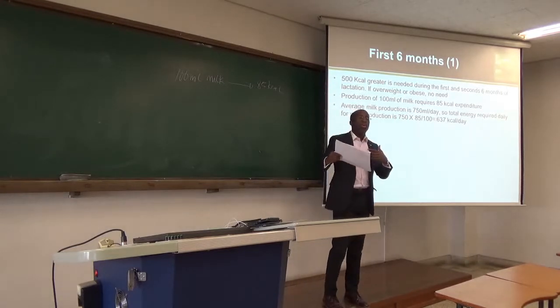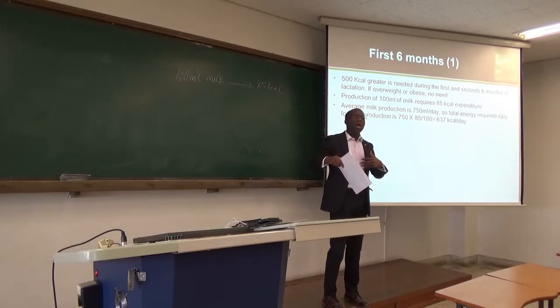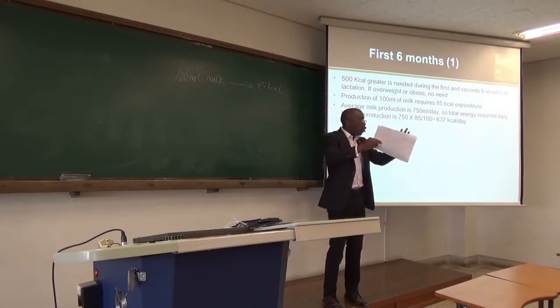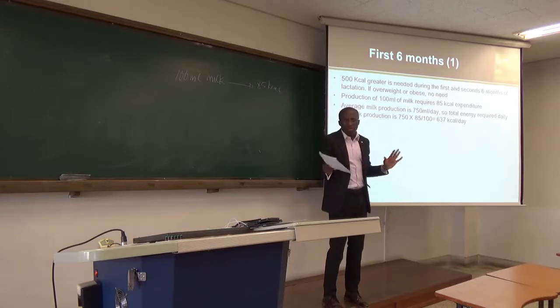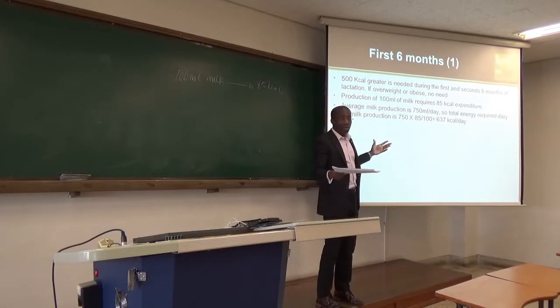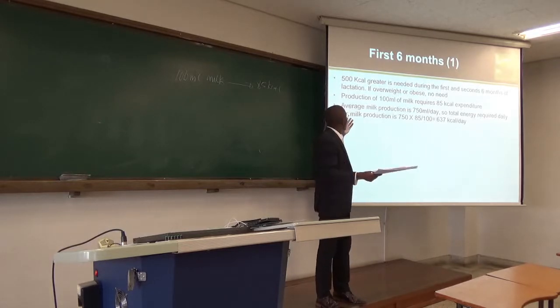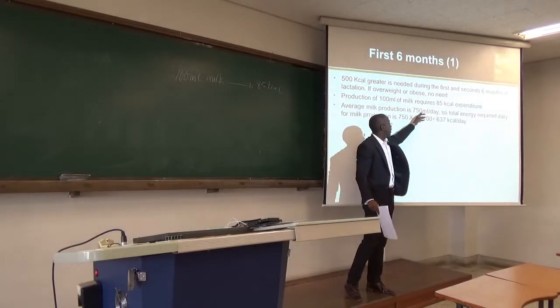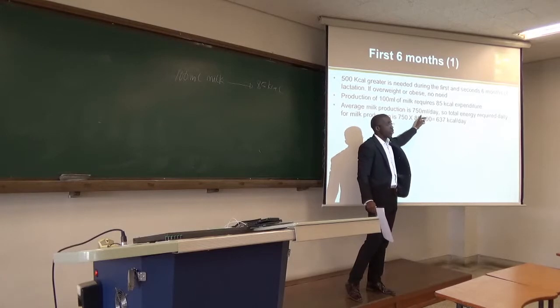In this class, how much energy do we need every day, on average? 2,000, right? It depends, but we all agree that it's around 2,000. Let's just all agree on that. It's the same way we agree that, on average, milk production every day is around 750 milliliters per day.